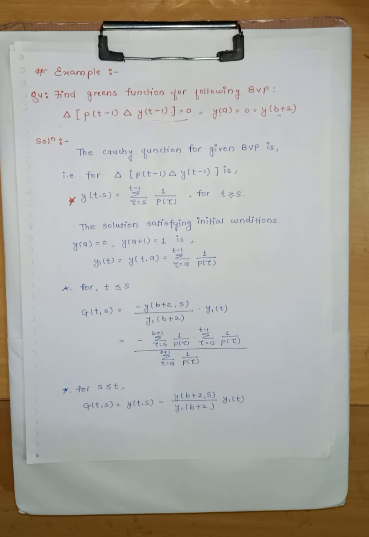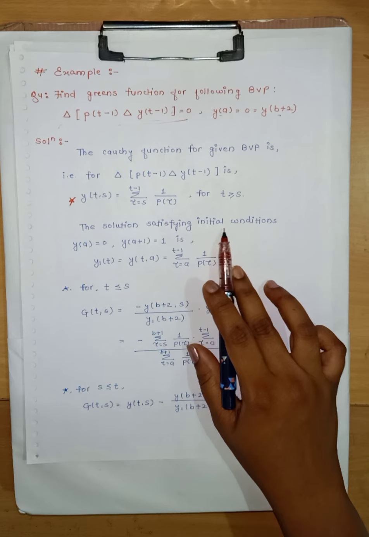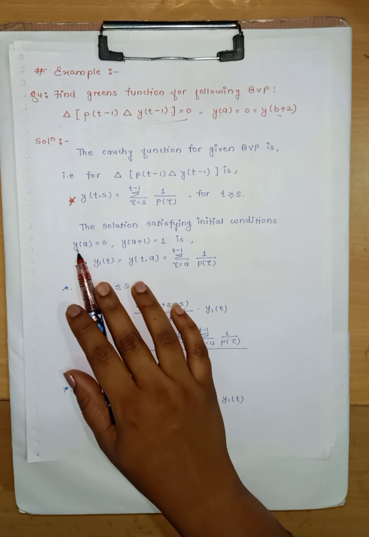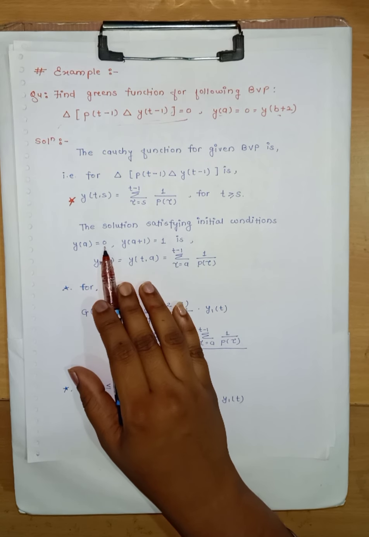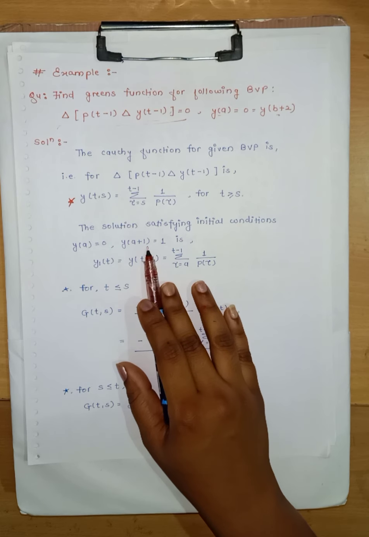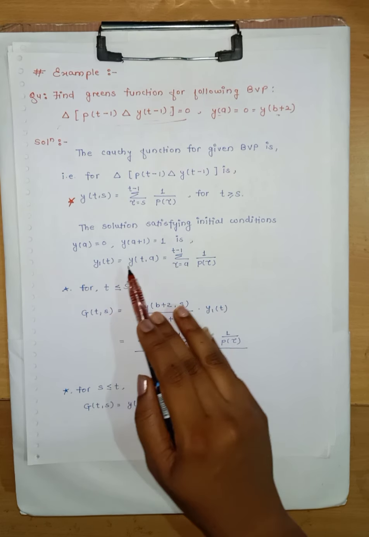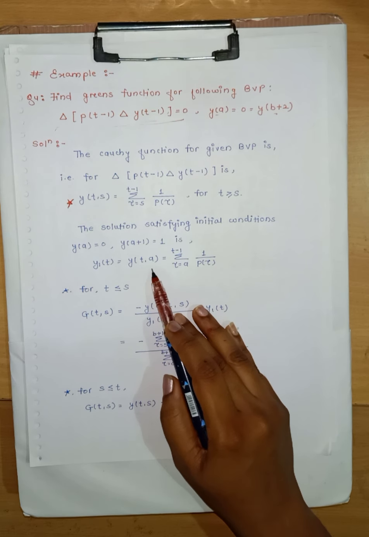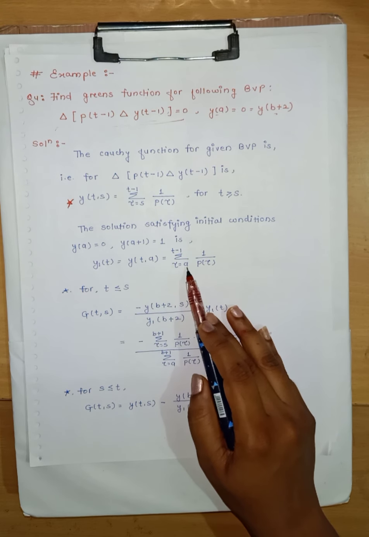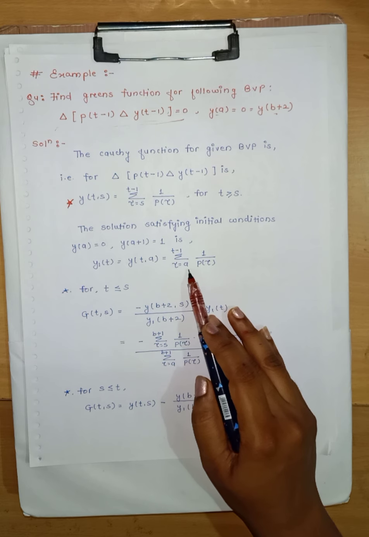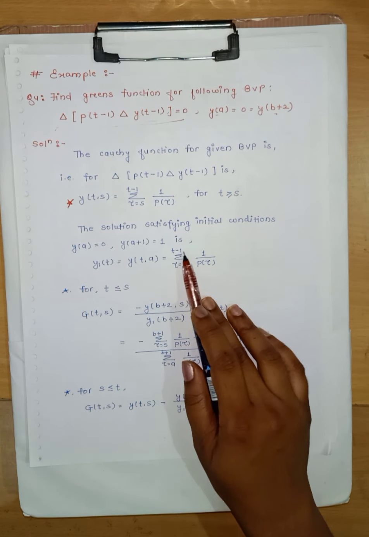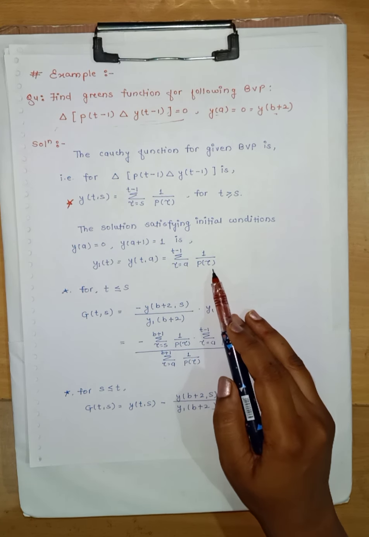Next, the solution satisfying the initial conditions y(a) = 0 and y(a+1) = 1 is y1(t) equals y(t,a) equals the summation over τ equals a to t−1 of 1/p(τ).